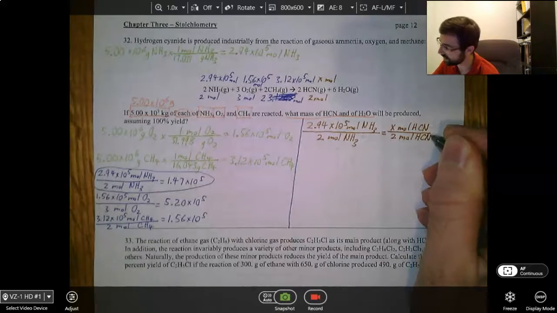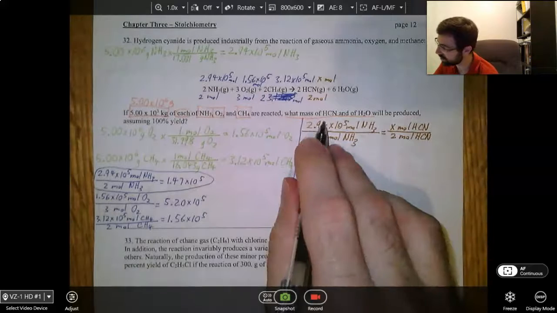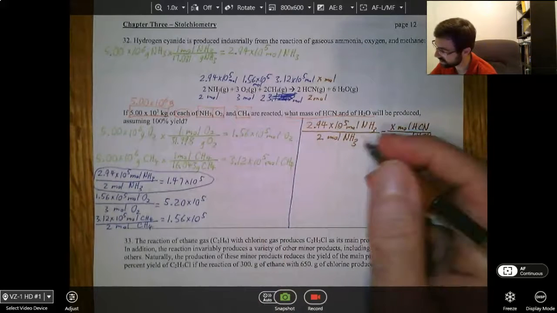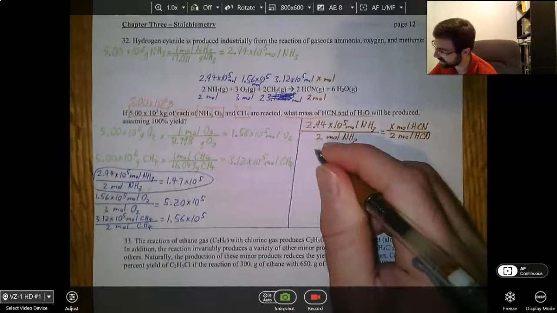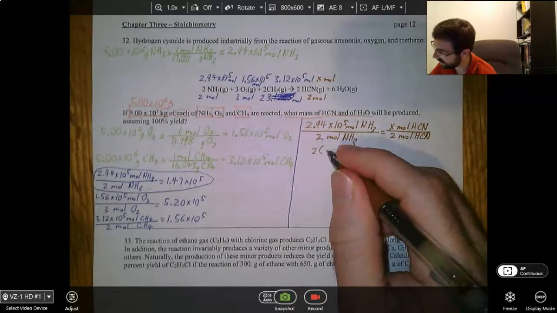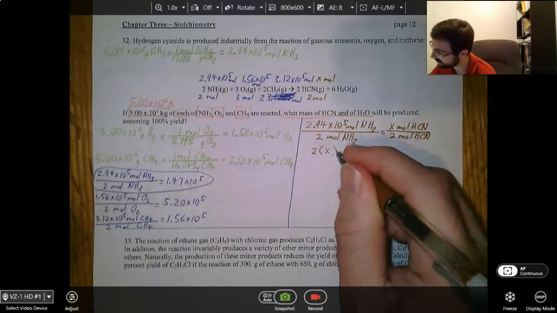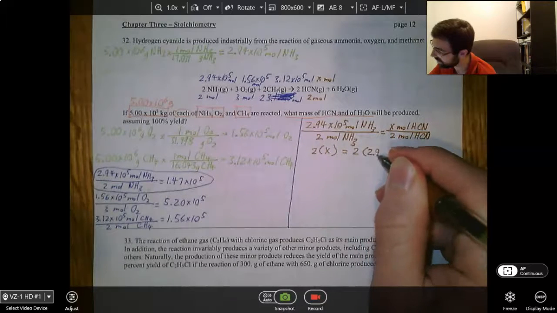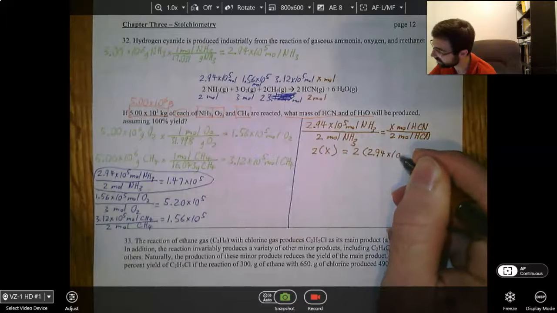Okay, cross multiply, we get 2x equals 2.94 times 10 to the 5th times 2. So let's set that up. 2 times x equals 2 times 2.94 times 10 to the 5th.